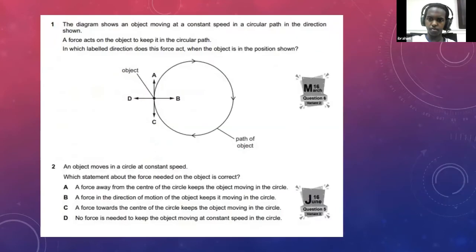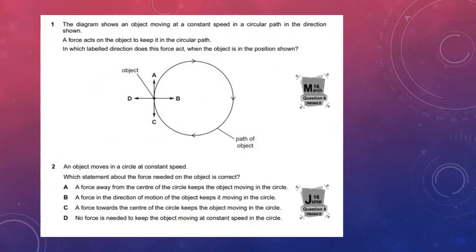This is the same question. Who can answer number 2? The object moves in a circle at constant speed. Which statement about the force needed on the object is correct?